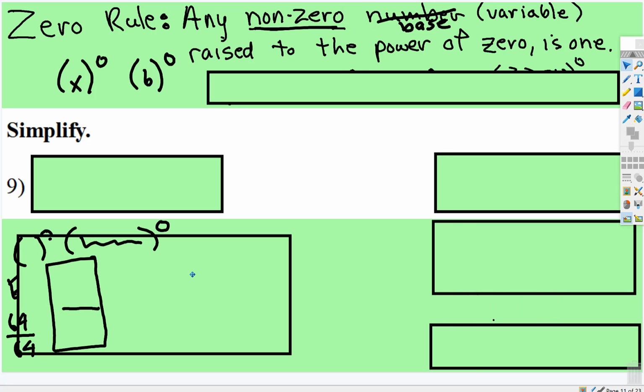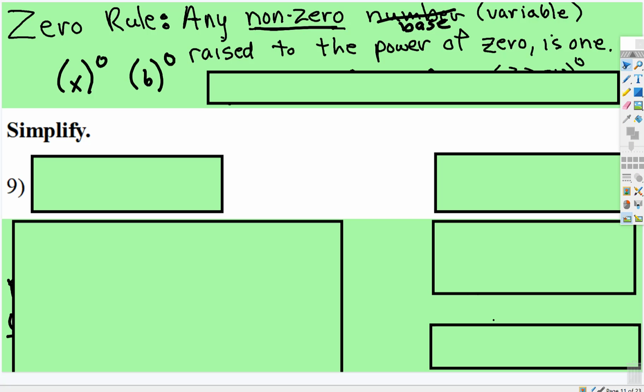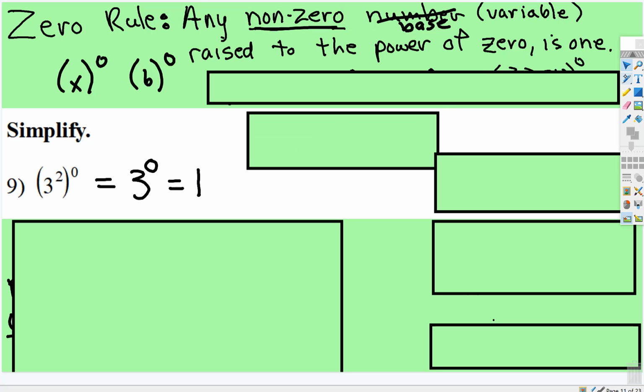So let me cover that up, and let's look at the numerical example.